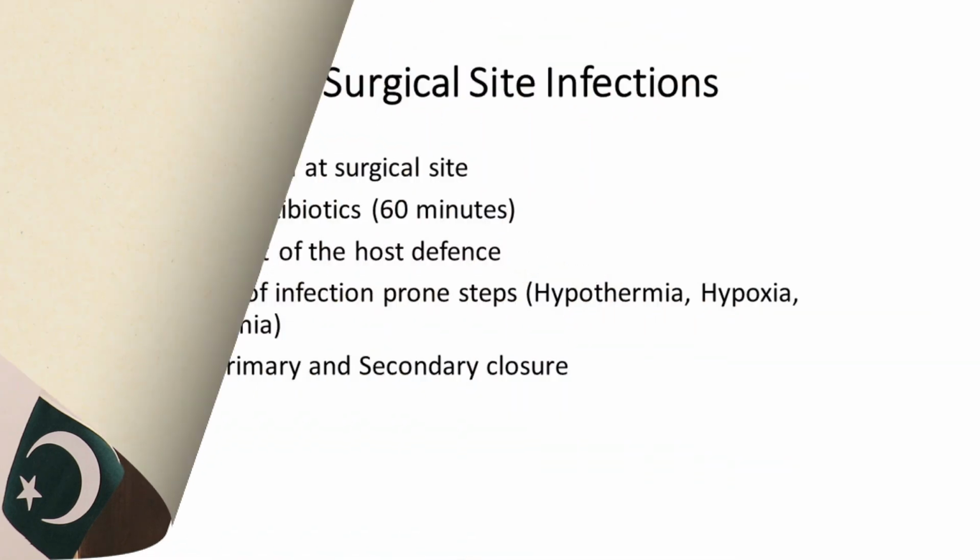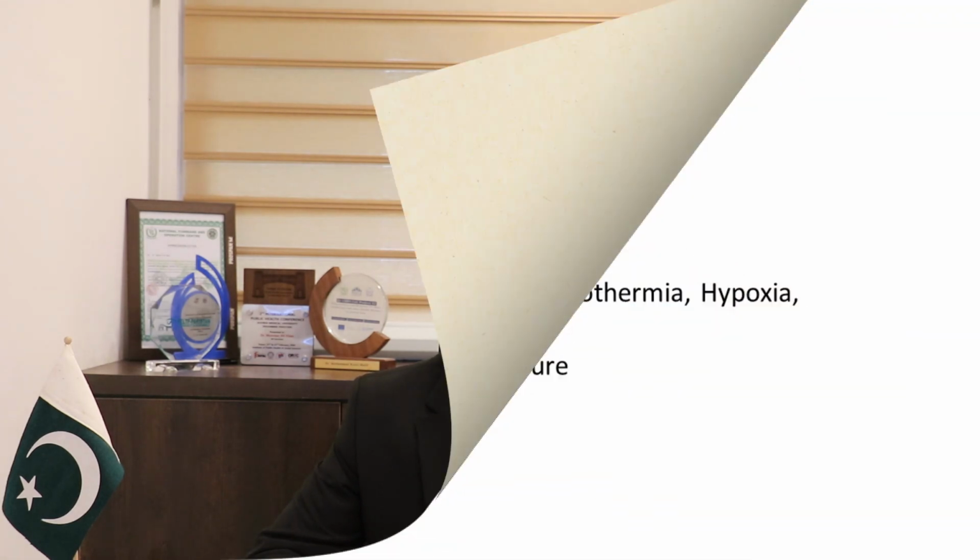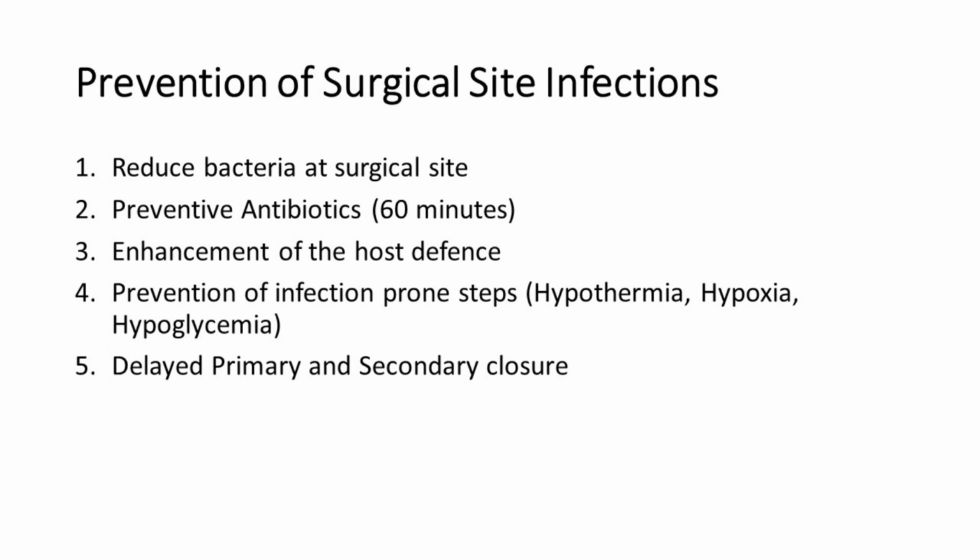Aseptic techniques, sterilization and other factors and practices can help in reducing the bacteria at surgical sites. The second one is preventive antibiotics. It can be described and obviously can be injected as per the half-life of the antibiotic. The third one is enhancement of host defense if it is weak.